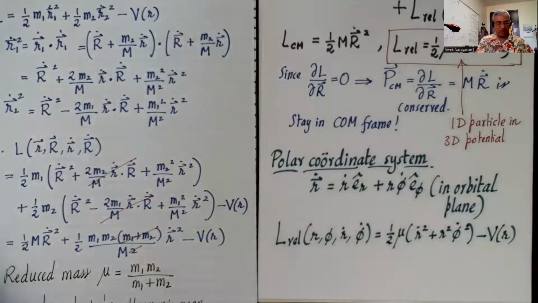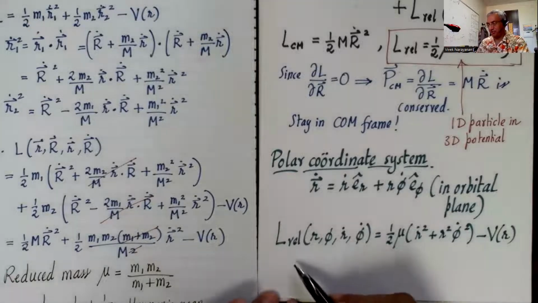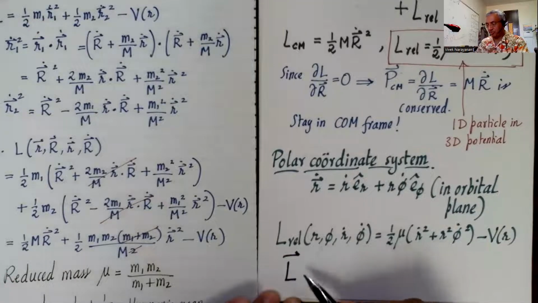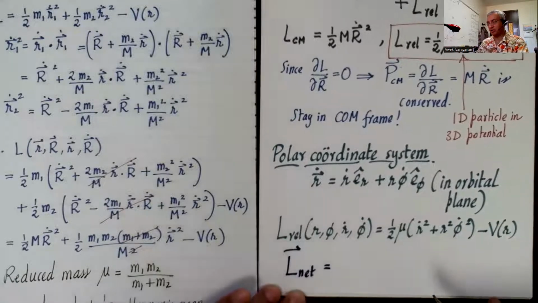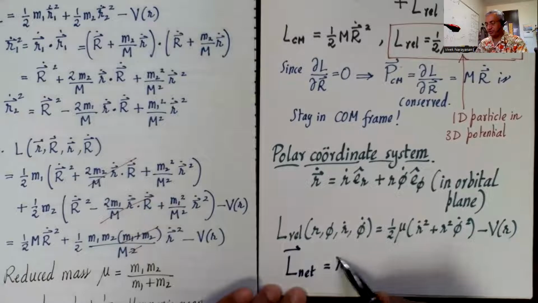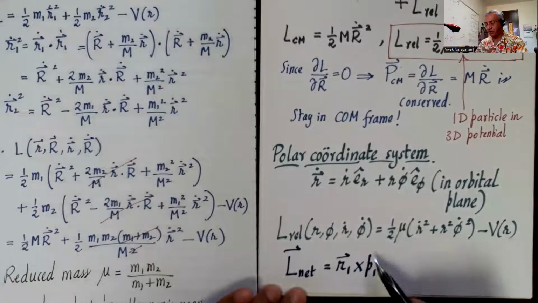Now, you can show, and this is a calculation I won't bother doing because I want to save some time, that the total angular momentum, where L with a vector means angular momentum and not the Lagrangian, by definition is R1 cross P1 plus R2 cross P2.